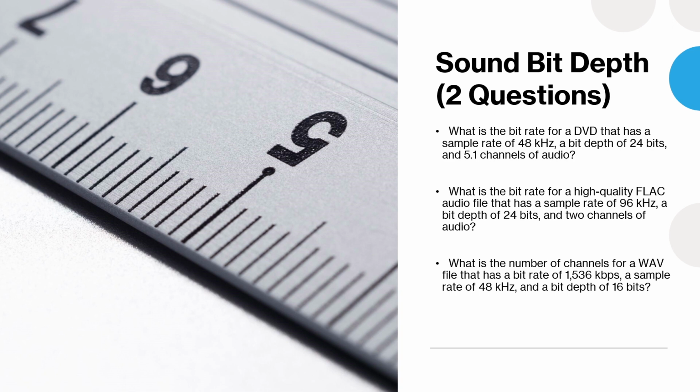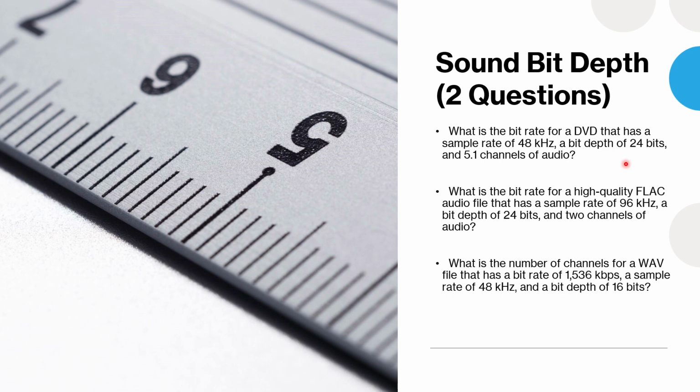So the first thing you have to have in mind is the formula that has been given. The formula says the bit rate is equal to the sample rate times the bit depth times the number of channels. With the question given, what is the bit rate for a DVD that has a sample rate of 48 kilohertz? The sample rate has been given to be 48, the bit depth has been given to be 24, and the channel has also been given to be 5.1.